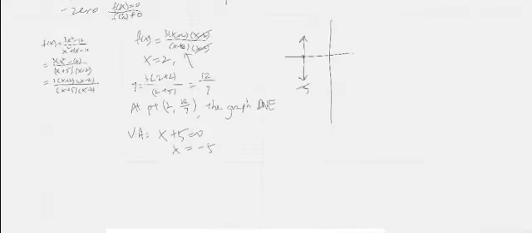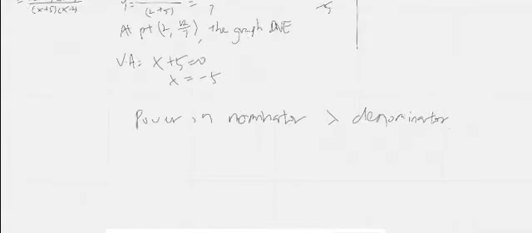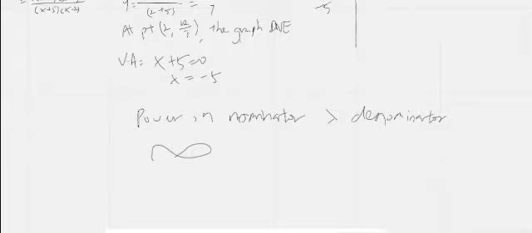For example, if the power of the numerator is greater than the denominator, it will become infinity, which means this graph doesn't have a horizontal asymptote.